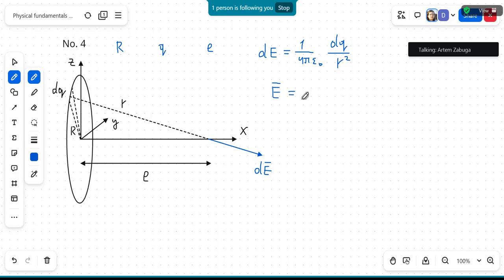Vector E is equal to the integral of dE_x times i, plus the integral of dE_y times j, plus the integral of dE_z times k.